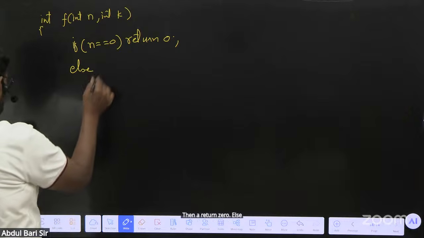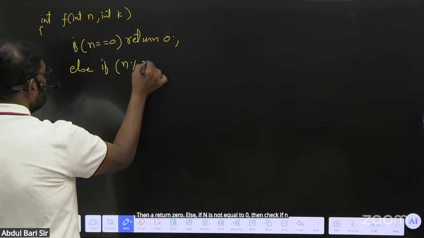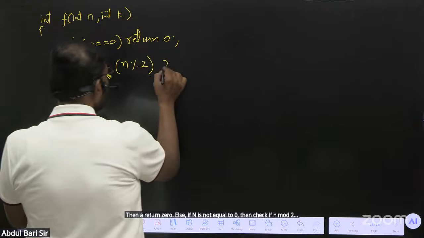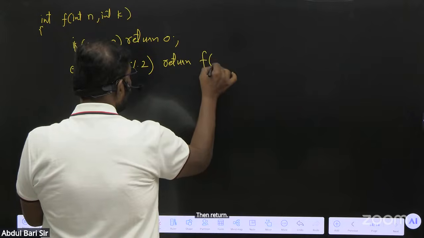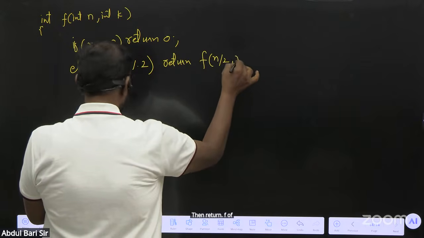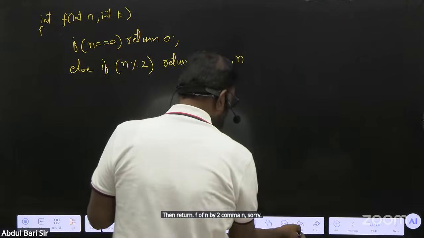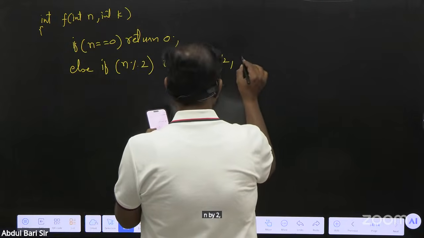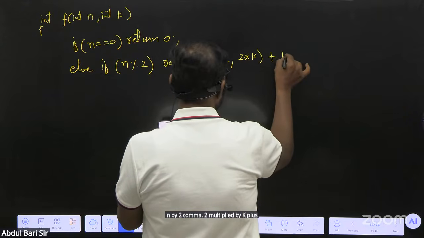Else, if n mod 2, then return f of n by 2 comma 2 multiplied by k plus k.